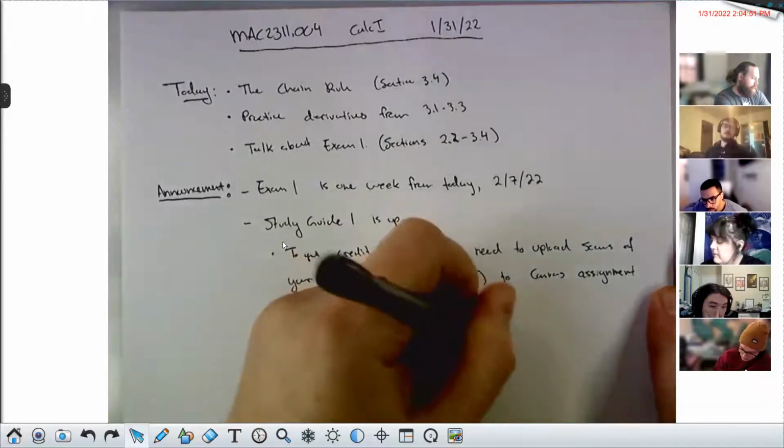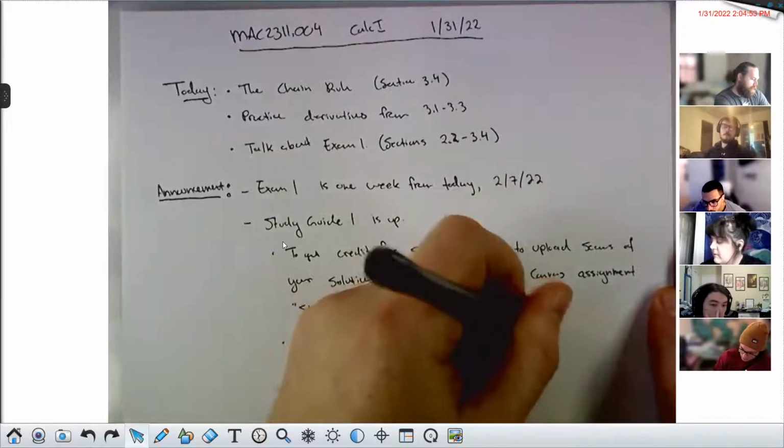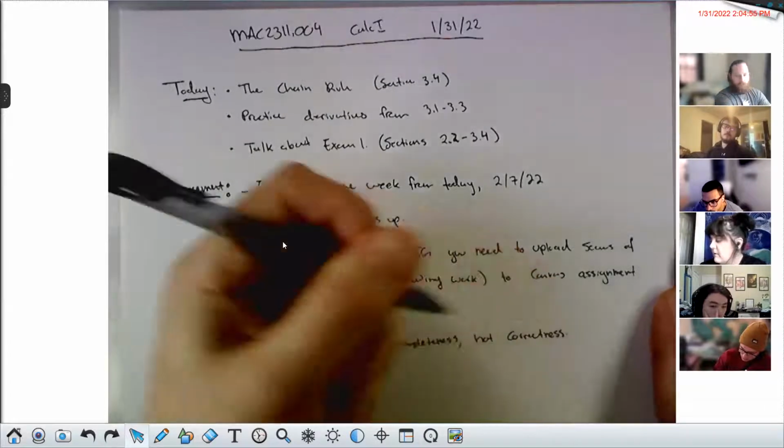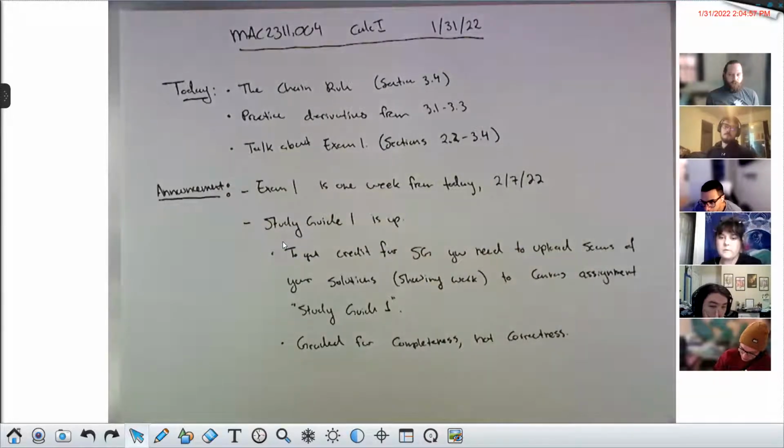Not correctness. So please don't look up solutions. As you solve the study guide problems, kind of pretend like you're taking the test, right? Solve them on your own. No Mathway, Wolfram, whatever. If you want to talk to a tutor, okay, but really try to solve them on your own.